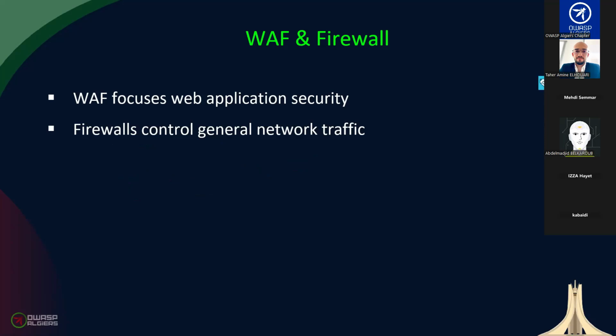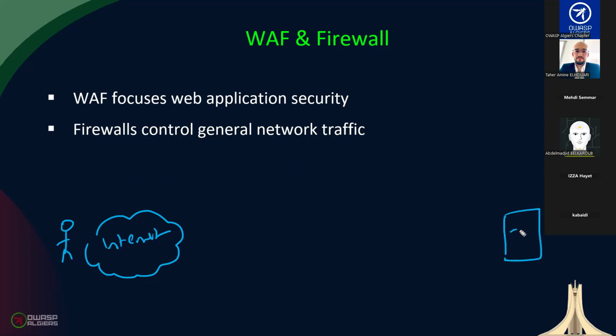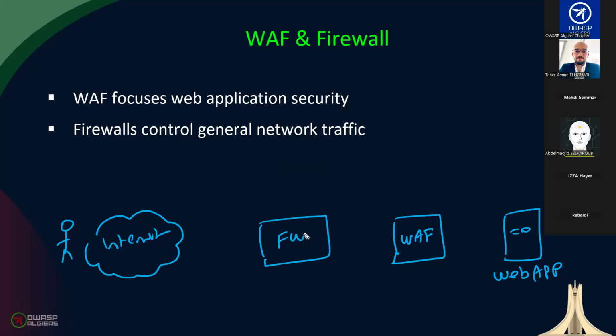Now, guys, to make it pretty and simple, remember the following. Whenever you have an untrusted network, such as the internet, and at the end you have your beloved web application, the WAF is always in front of the web application, and the firewall is always 100% of the time in front of the WAF.